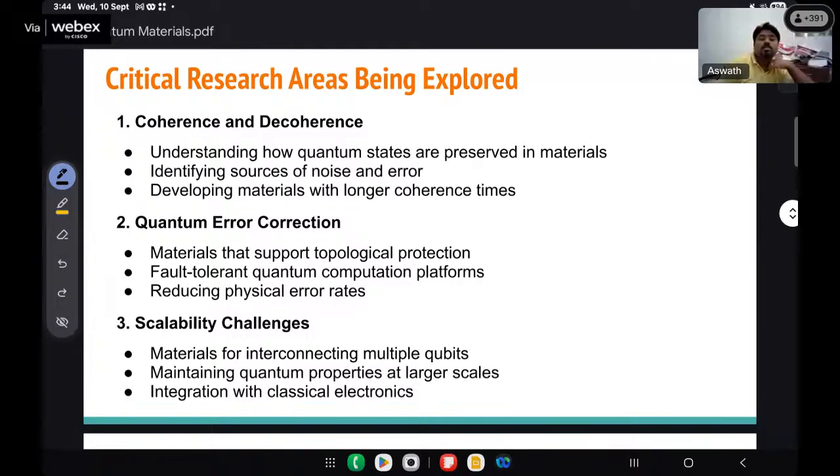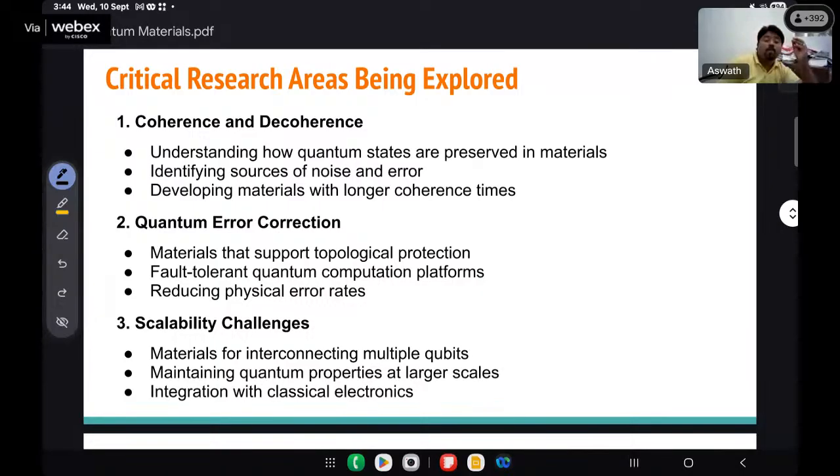So one has to understand how these quantum states could be preserved inside the materials. That is very important, so that is one of the critical research areas. Not just coming up with error correction, you have to attack the root cause of this decoherence. That is only possible if you have a better understanding of how these quantum materials work.